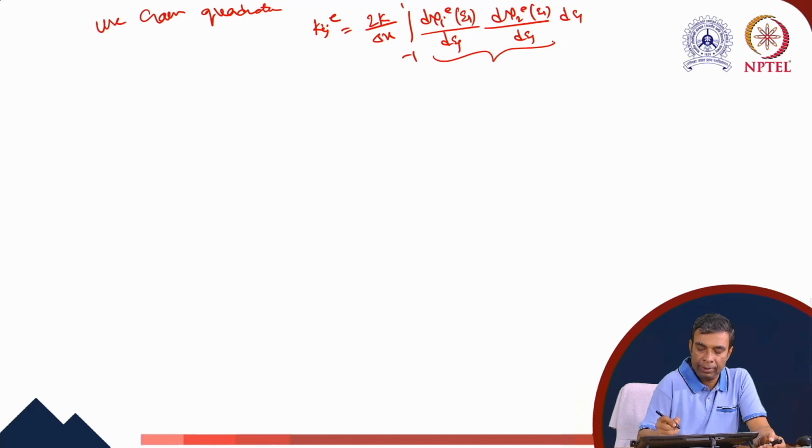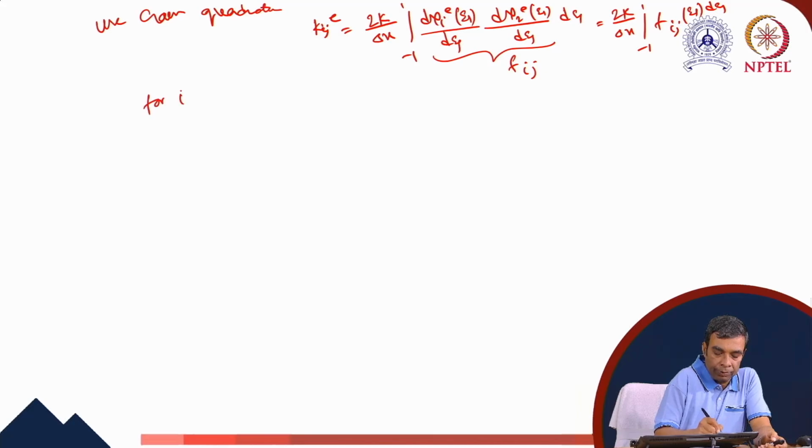Now this integrand we represent by the function Fij. Now it simplifies as 2k by delta x integration from minus 1 to 1 of Fij(xi) d xi.